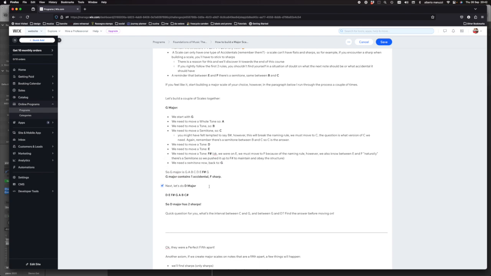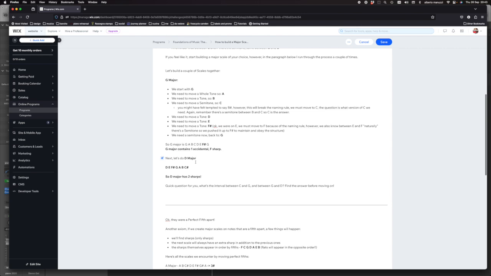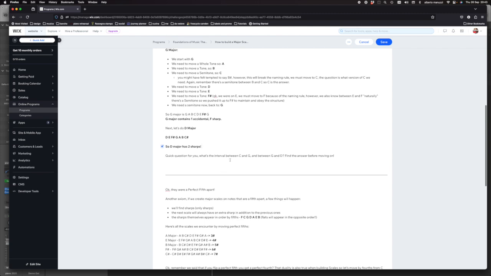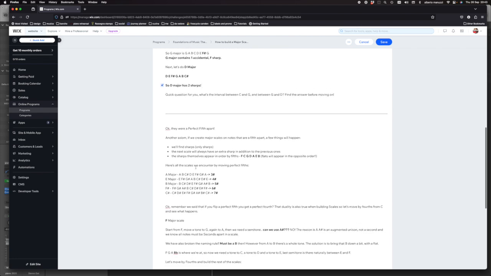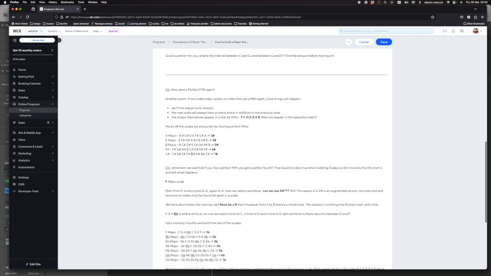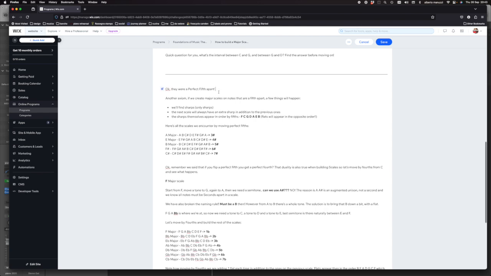Now, if we do D, we'll find two sharps, F sharp and C sharp. What are the intervals between C and G and D? I shouldn't answer this because it's in the course and now in the video as well. They are a fifth apart.